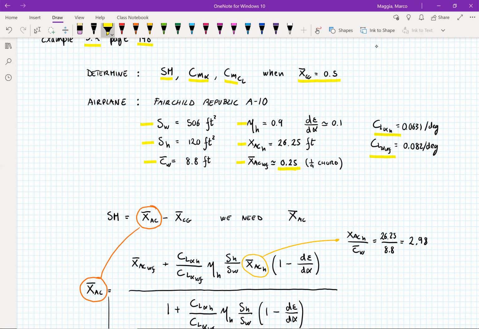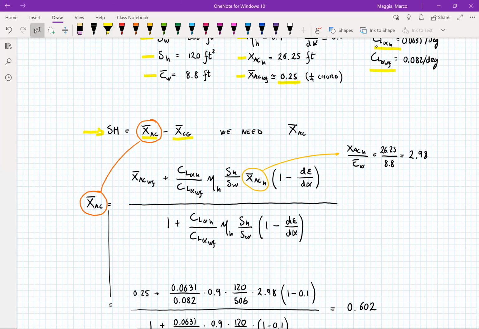So we know that the static margin is the difference between the normalized position of the overall aerodynamic center of the aircraft minus the position of the center of gravity. But we don't know the position of the aerodynamic center. So we're going to use this big formula that we saw earlier.